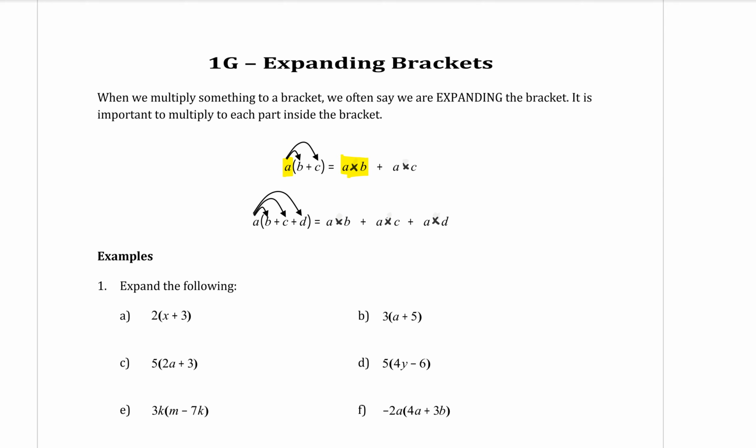Then I follow the second arrow and I go A times C and I get that one there. Now it doesn't just work with two things in the bracket, it even works with three, which is this second one here. A is out the front, so it needs to multiply by each thing inside the bracket. So A times B plus A times C plus A times D.